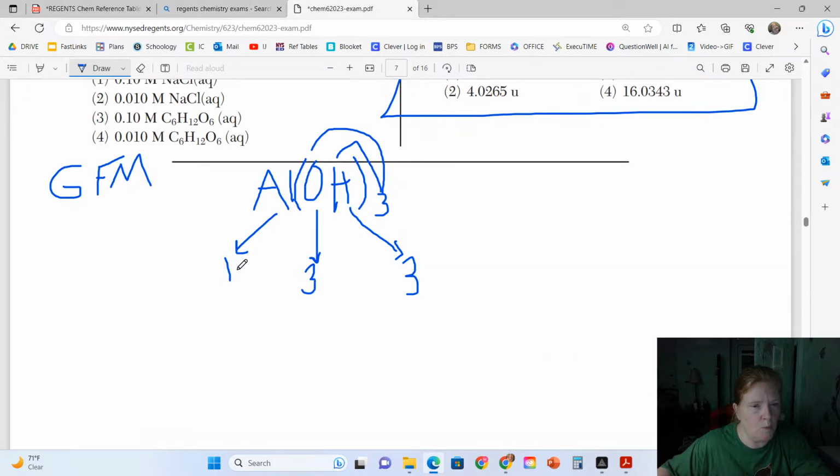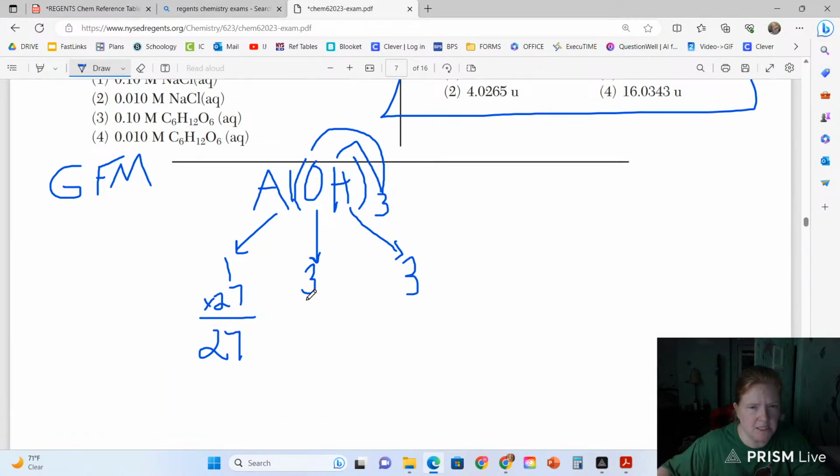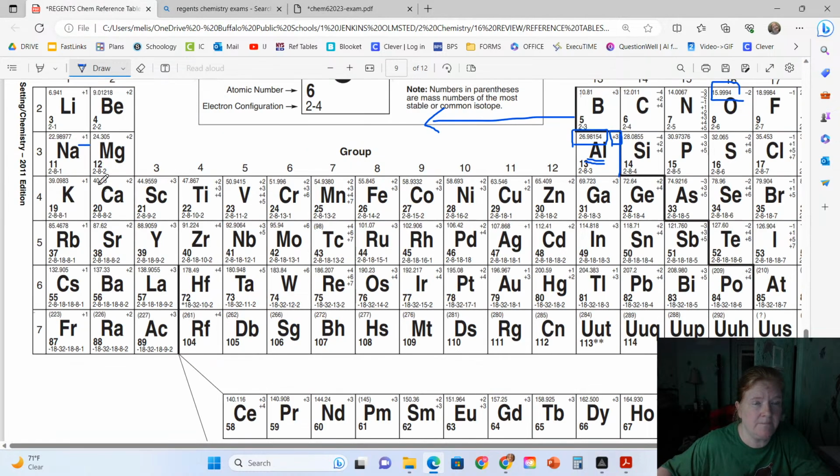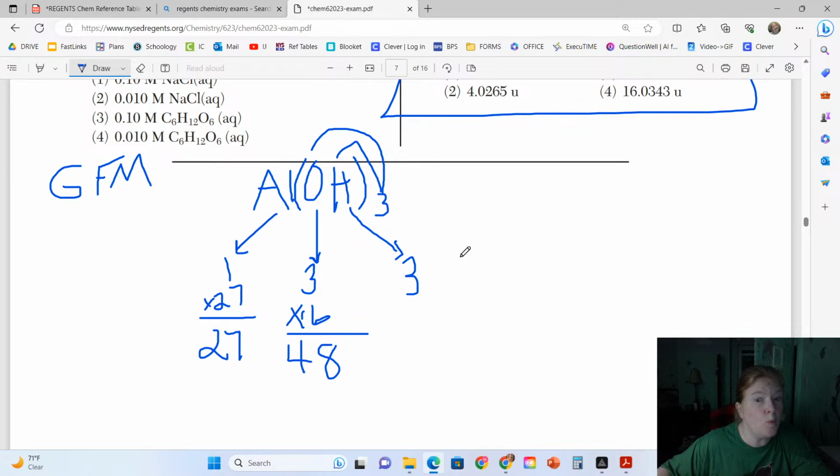So 1 times 27 is 27. Oxygen is 15.994. I can round that to 16. So 3 times 16 is 48. And then hydrogen, I can clearly round to 1. So 3 times 1 is 3.